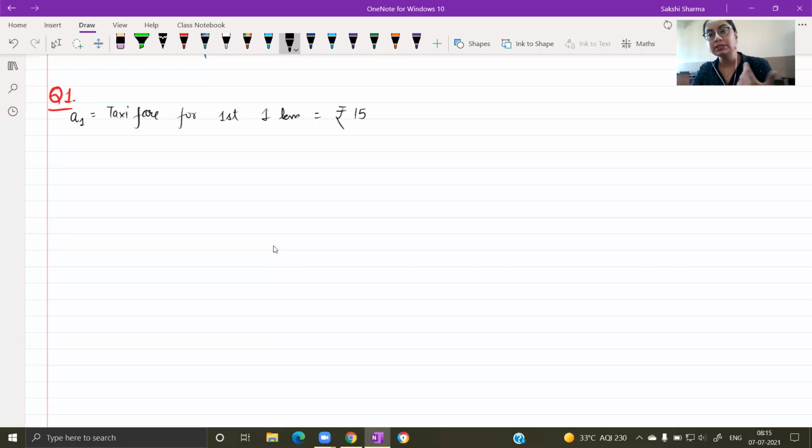This is given as 15 rupees. After this, as the distance increases by each kilometer, the taxi fare increases by 8 rupees. So the second term in the list will be the taxi fare for 2 kilometers. So 15 for the first kilometer plus 8, this will be 23 rupees.